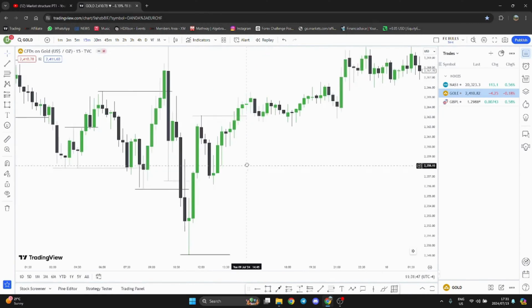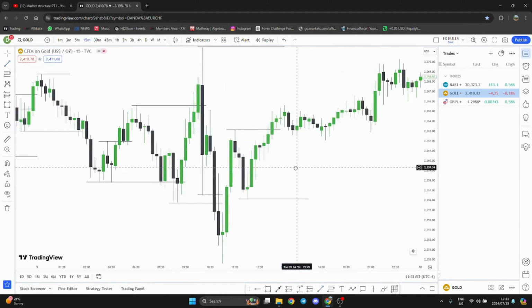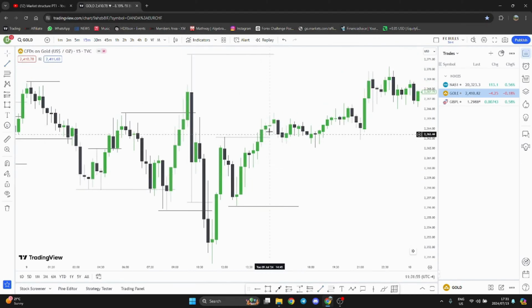Okay, so now we're left with this. Now you can see price is moving up. It formed this low, gave us this low over here. What does price do at this high? It takes it out and trades above it. Okay, it trades above it.